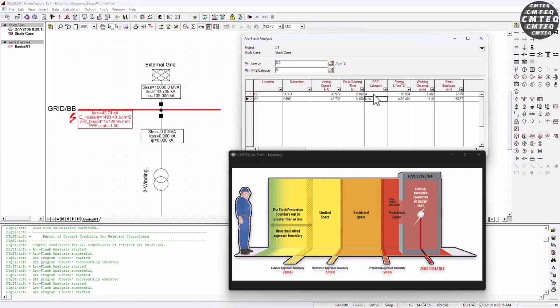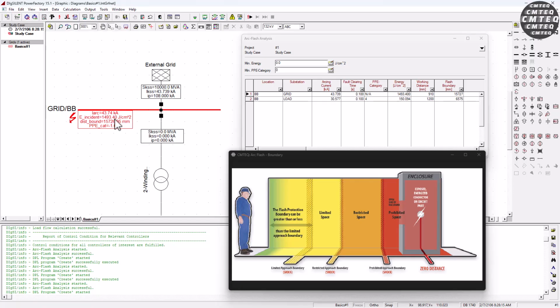That's why it says here not applicable. But now, why is this the case, right? Because the arc incident energy here is extremely high. It's 149300, which is about 360 calories per centimeter square. Very, very high heat energy.